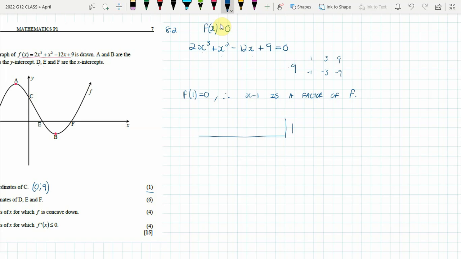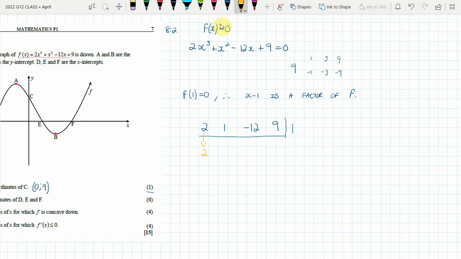Okay, remember outside we don't enter minus 1. We enter the root as it is, 1. And then the coefficients of f. Then what are the steps? You bring down 2. Then multiply it by 1.